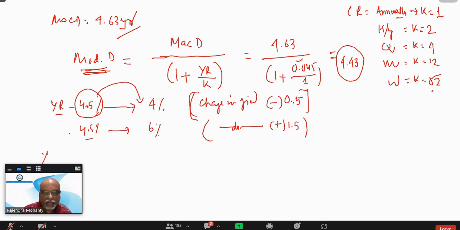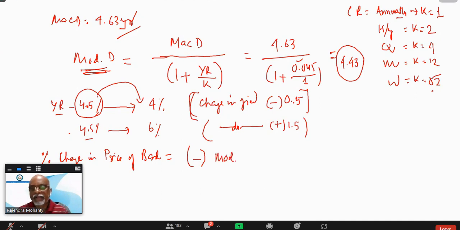The formula is: percentage change in the price of bond equals, the formula always starts with a minus. Always remember, this formula starts with a minus because of that inverse relationship. Minus modified duration multiplied by yield change. So for the first one, how much will it be? You tell me.